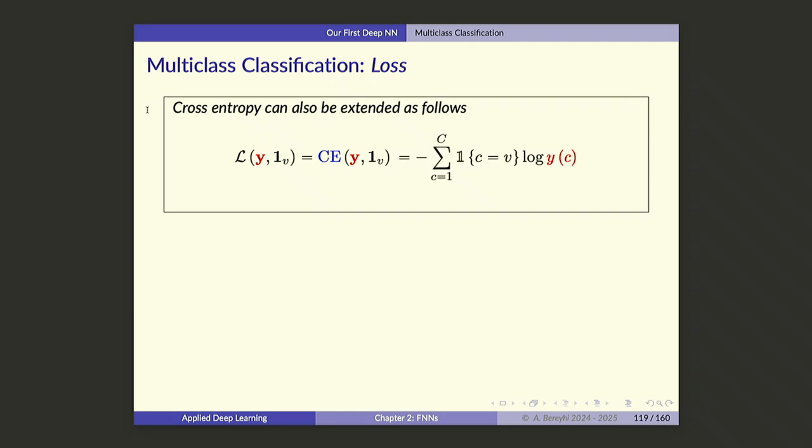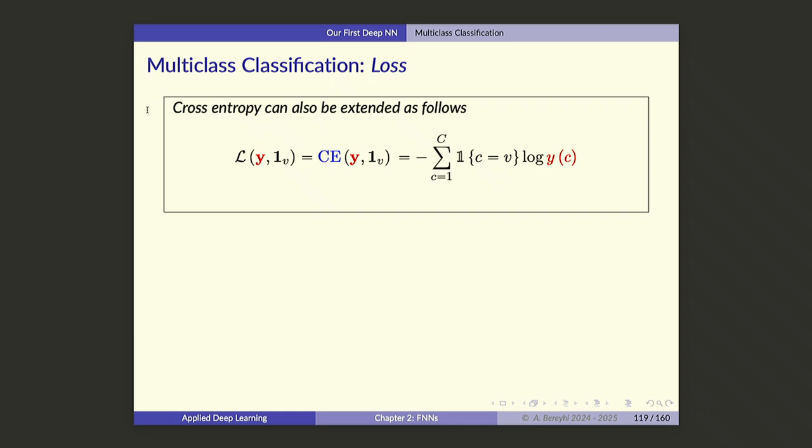So I have this particular expression written for you, which means that you're going to get the true probability vector, that one-hot vector. You multiply every single entry of it with your logarithm, you see the minus here, so it is basically the logarithm of 1 over that y, okay? And then you sum it up. But you do know that your one-hot vector has only one 1, right?